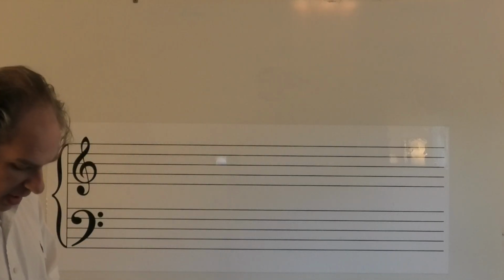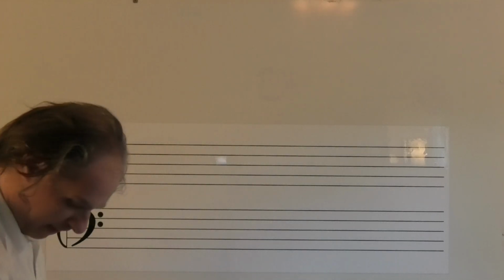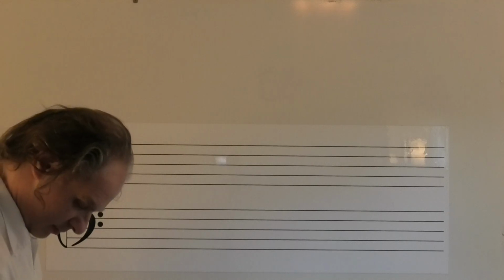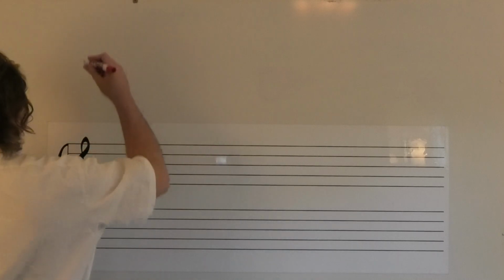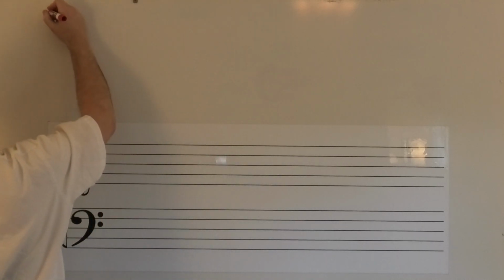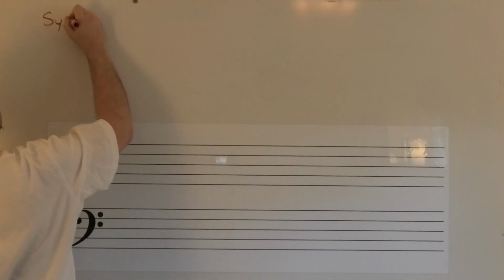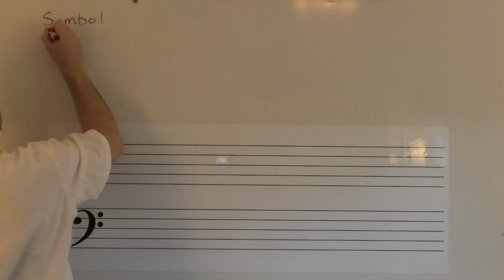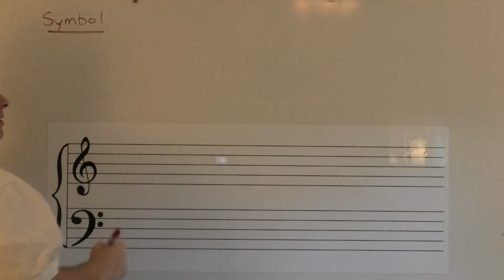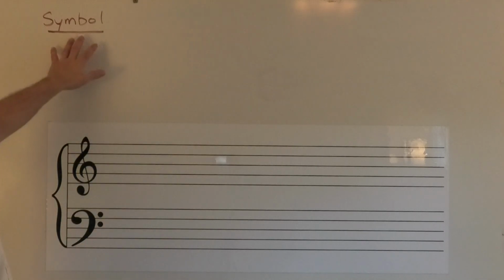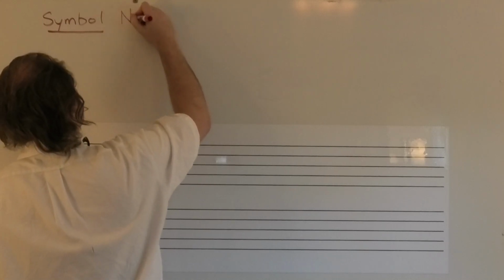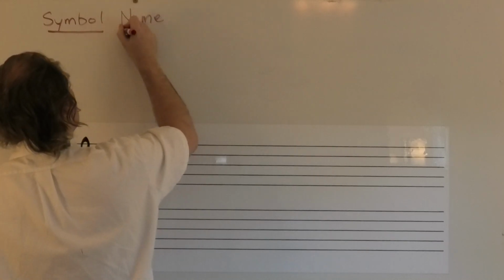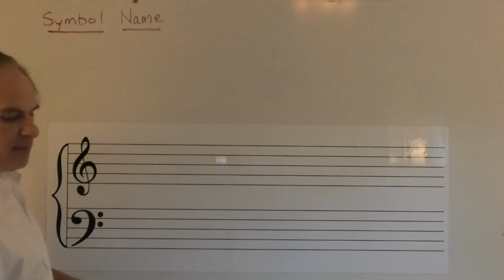Alright, we'll put a couple of column headers up here. Symbol. That's a column header. Go ahead and write that down. Symbol. The name of the note.